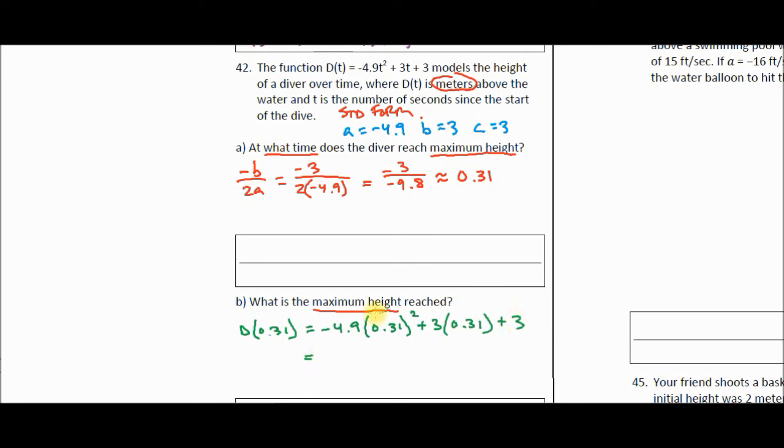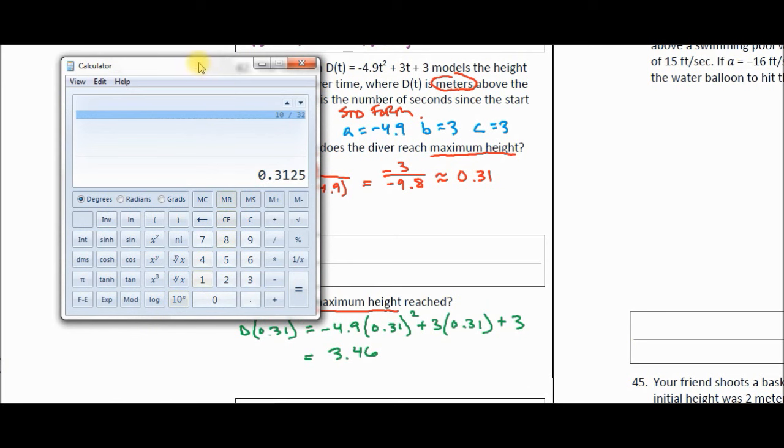Write it this way, class, so that you know you can put it in your calculator the exact same way, and we end up with about 3.46.